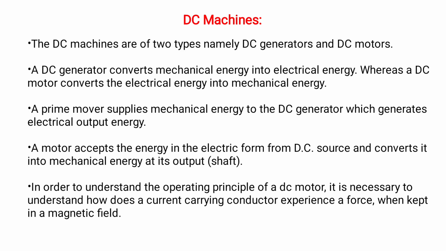The prime mover supplies mechanical energy to the DC generator, which generates electrical output energy. The motor accepts energy in electrical form, from a DC source, and converts it into mechanical energy as its output. At the shaft it gives us mechanical power.